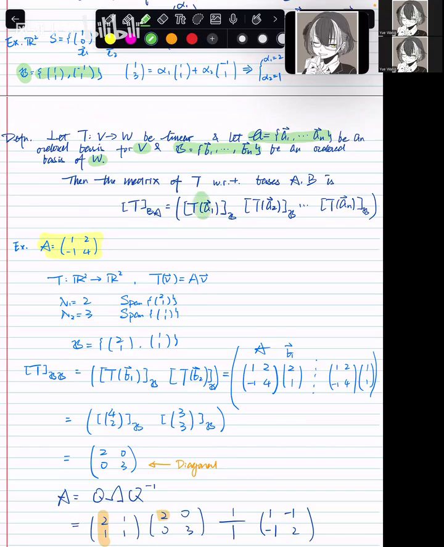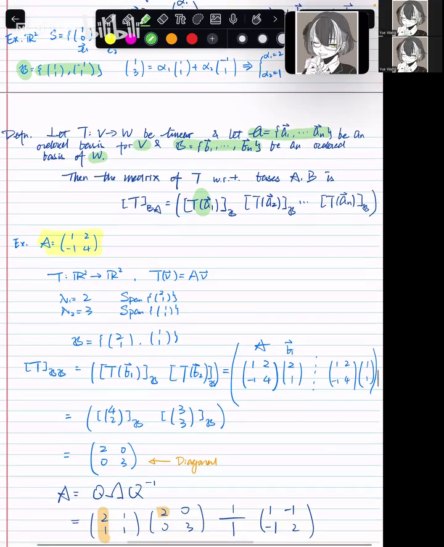Basically, we do the transformation of our basis A, because the transformation is from V to W. We transform all the basis vectors into our new vector space W, and then we need to represent them with basis B. So we do the transformation of A and then represent it in B.